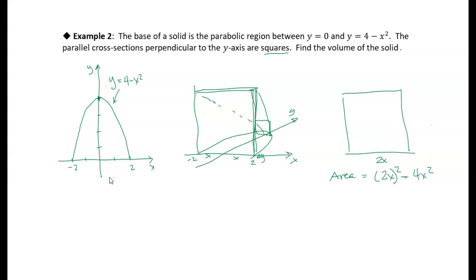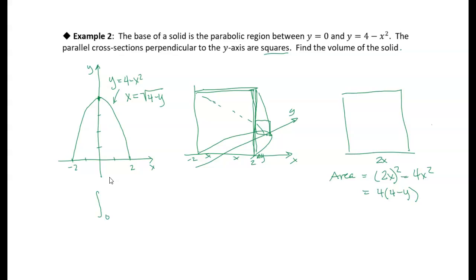If y equals 4 minus x squared, then x is equal to the square root of 4 minus y. And if we put that into our equation for area, squaring x, we square the square root, so we're going to get 4 times 4 minus y. Well, that's nice. So now let's add up all these little square cross sections, and we're integrating in the y direction.